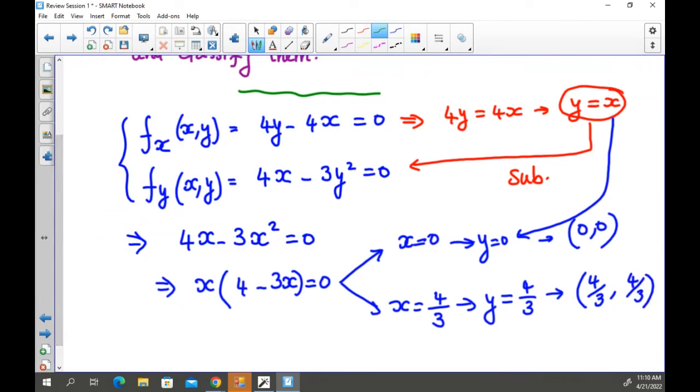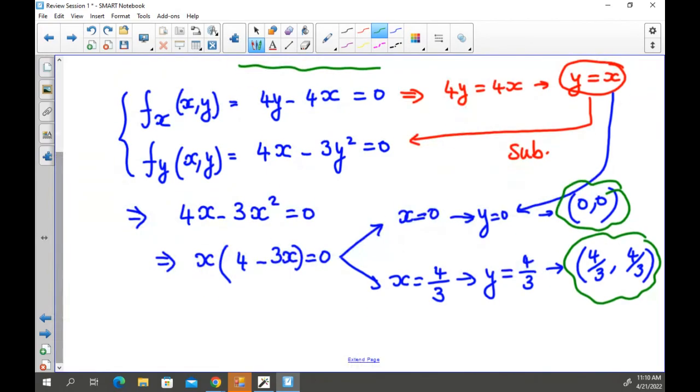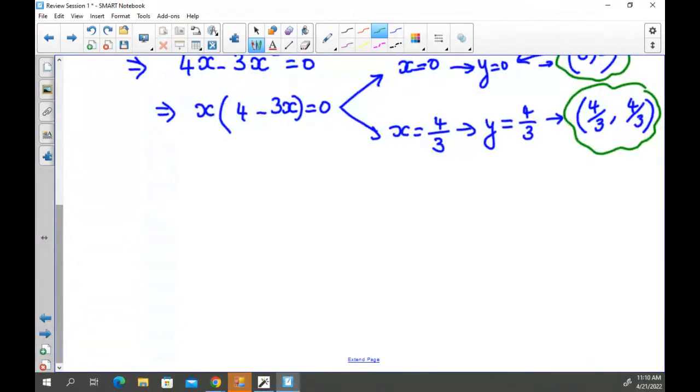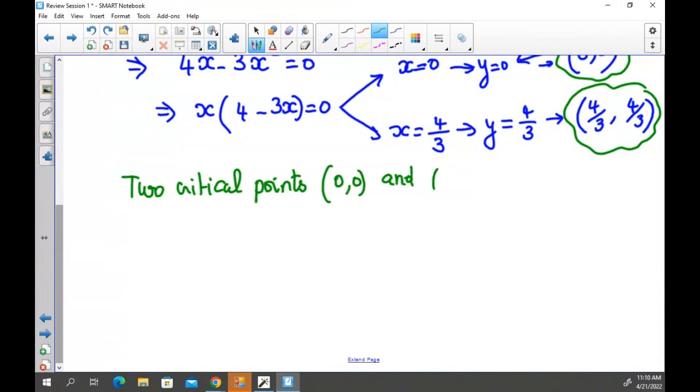So how many critical points does this function have? Two critical points, yeah? So we have two critical points, which are 0, 0 and 4 over 3, 4 over 3.